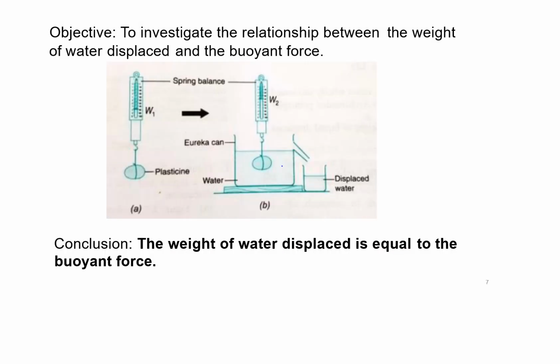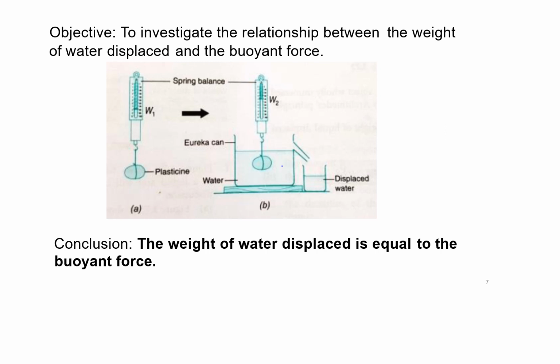Then we investigate the relationship between the weight, the water displaced, and the buoyant force, using the Eureka can. You can see the plasticine before it is immersed in water: the weight is very high.